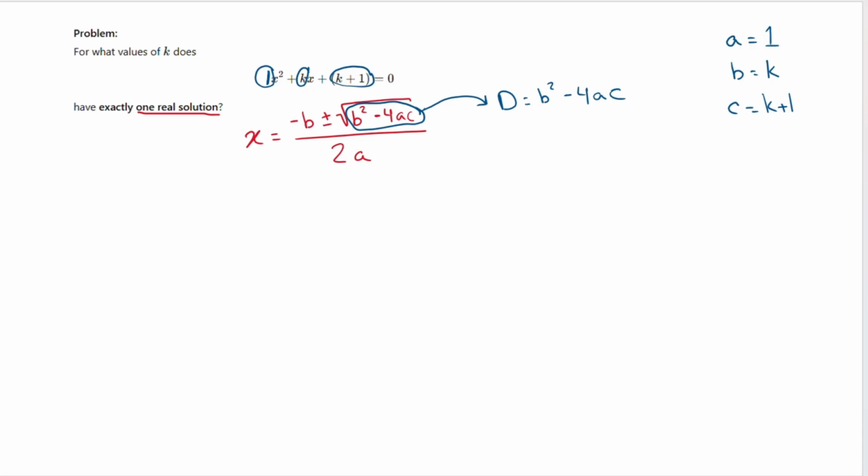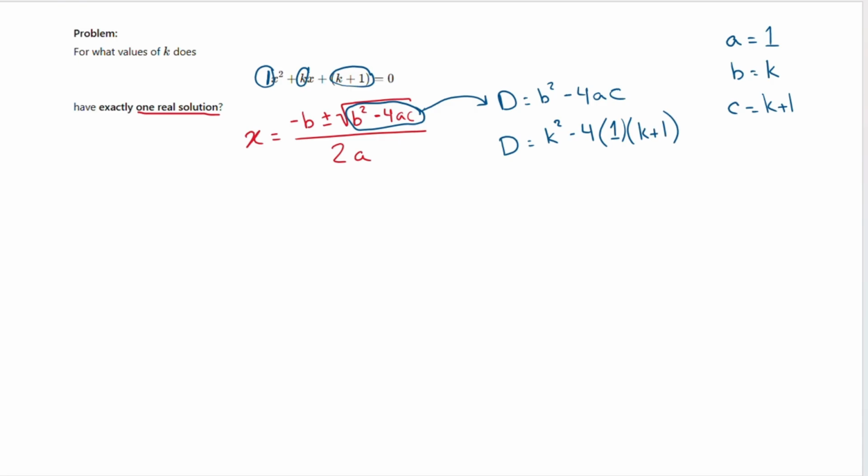Now we can substitute all this information into the discriminant and see when it's equal to 0. When it is, that is when we have one real solution. So b squared, with k substituted in for b, is k squared, minus 4 times a, which is 1, times c, which is k plus 1.